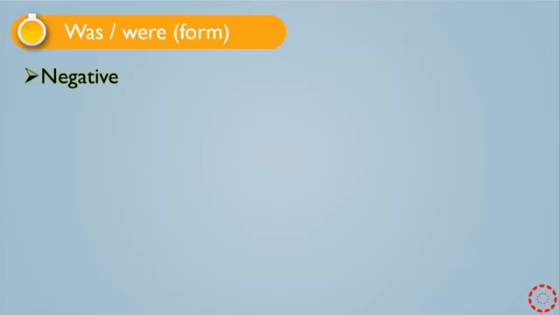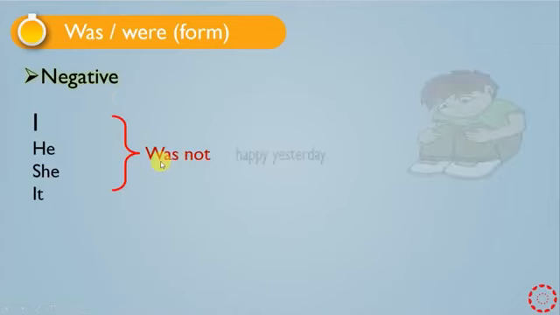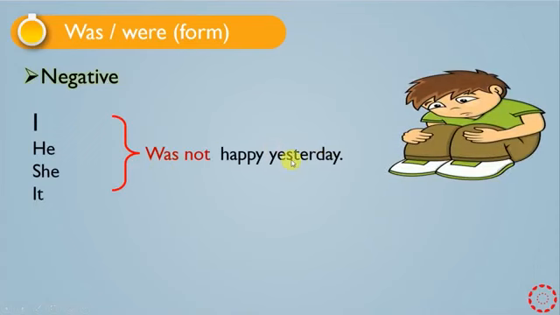So the negative form, we use I, he, she, it with was not. Here, because it's negative, we add not after was. So good. Then we say the other part of the sentence, happy yesterday. It's important to know we use was not with I, he, she, it.